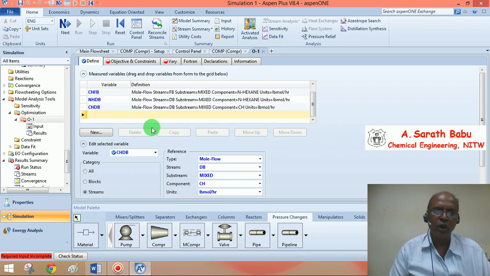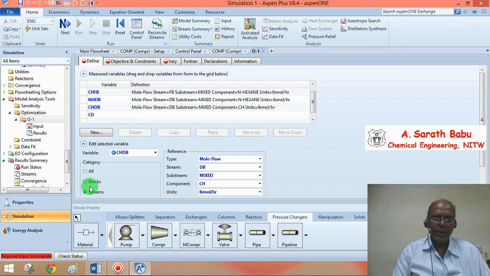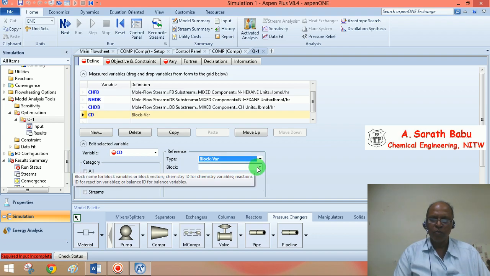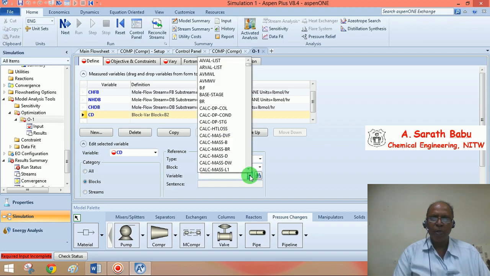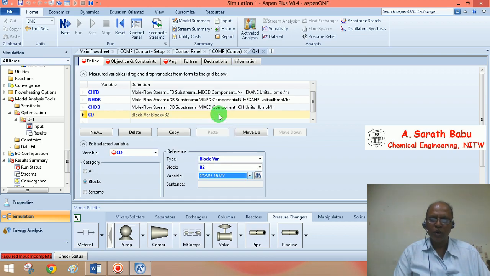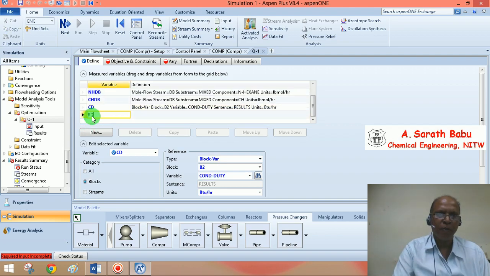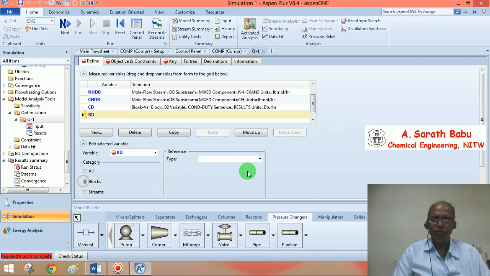Now we also have three more duties. Condenser duty, block variable, block is B2, the distillation column, condenser duty. In BTU per hour. Okay. Next, reboiler duty. Again, it's a block variable.